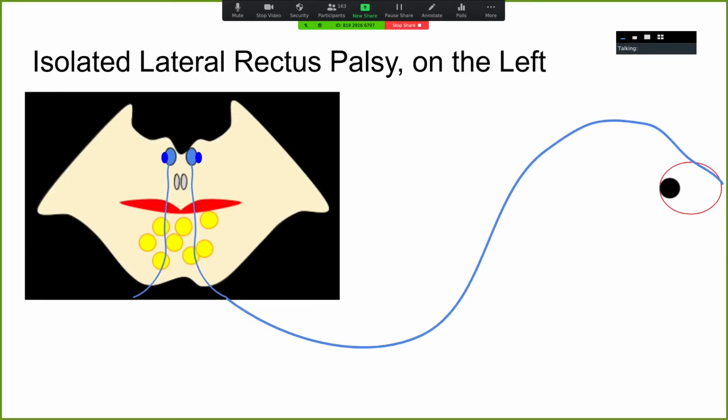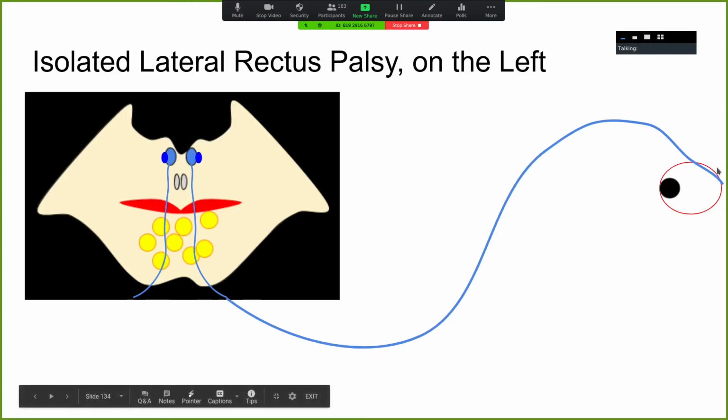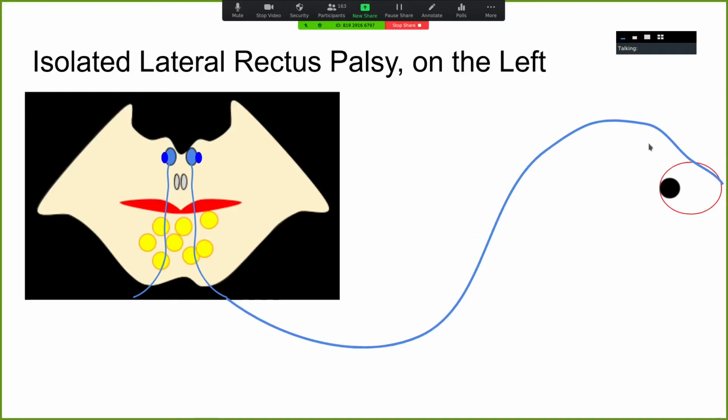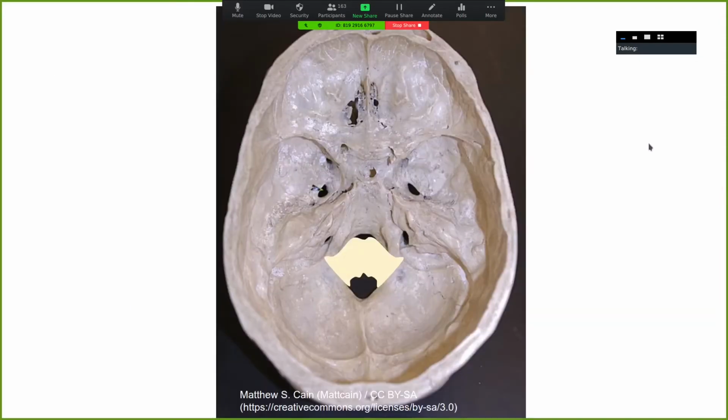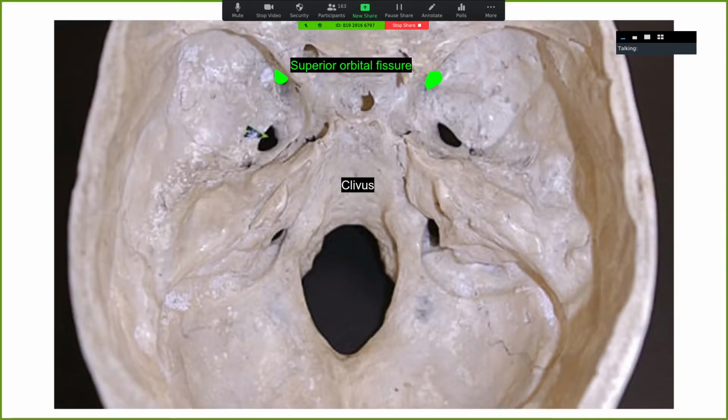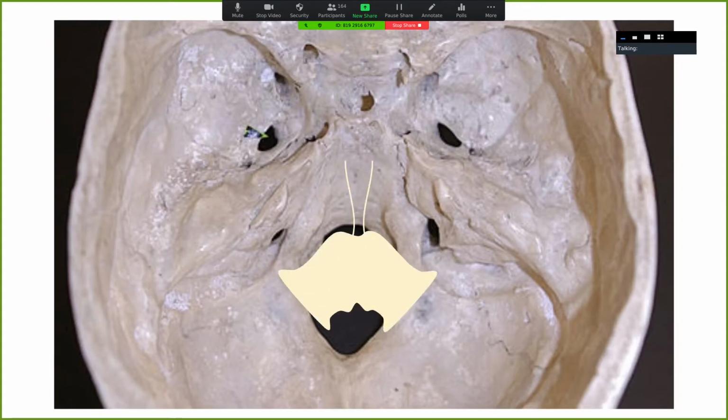So it's anywhere where the abducens nerve left the brainstem to the eyeballs, which is a lot of stations there. It could be at the level of the clivus, or it could be anywhere up to the superior orbital fissure. So that's your sixth nerve going through the Dorello's canal, into the dura, into the cavernous sinus, into the superior orbital fissure. So a lot of places where you could find it. That's why a lateral rectus palsy is non-localizing.